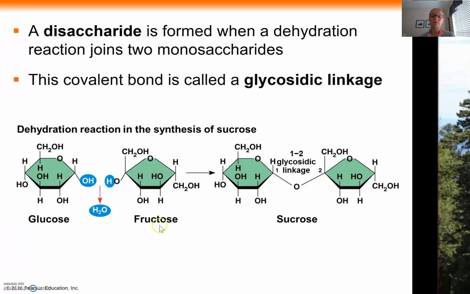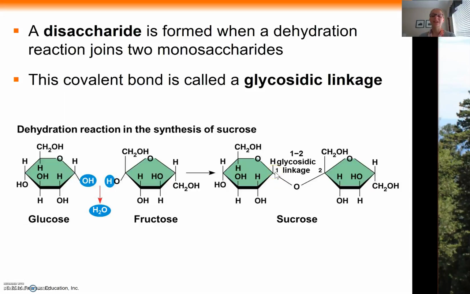So on this slide, you can see that we're trying to form the disaccharide sucrose. Now, sucrose can be formed by taking 1 glucose molecule and attaching it to 1 fructose molecule. Again, this is a dehydration synthesis reaction, so we have to remove a water molecule. You can see how we can do that by removing parts of the hydroxyl groups from glucose and fructose. The water molecule comes out, and we end up linking the oxygen to that first carbon on glucose.